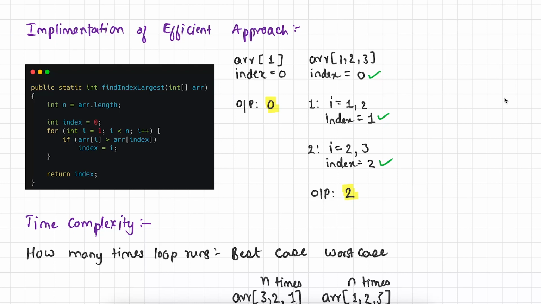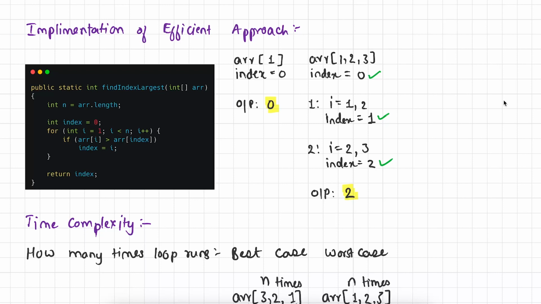And then we are running a loop from 1 to less than n. In each iteration we are checking if the current element is greater than the element present at this index. And if we find that the element is greater, then we simply update the value of the index variable. And in the last, we are returning the value of index.